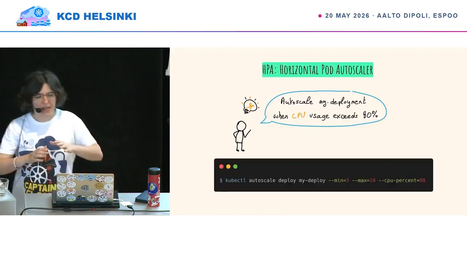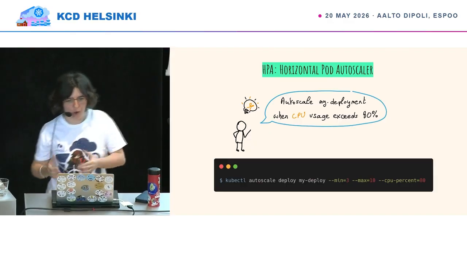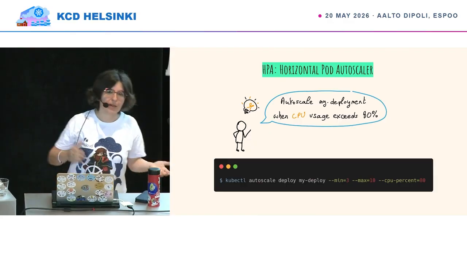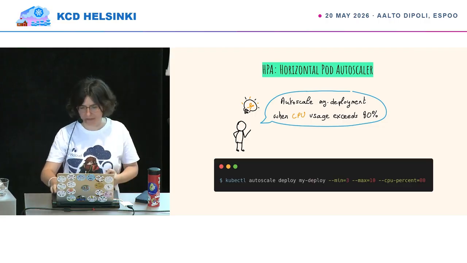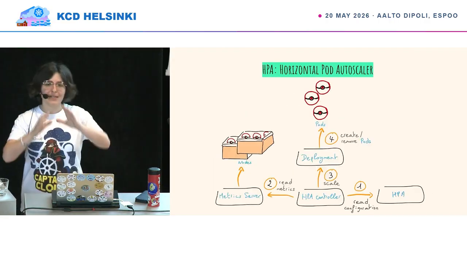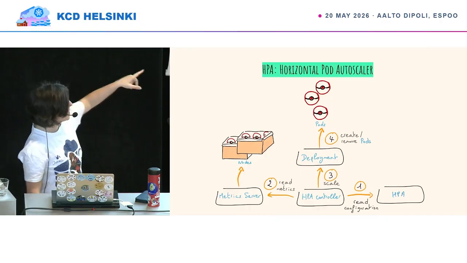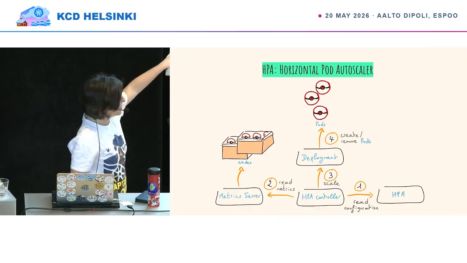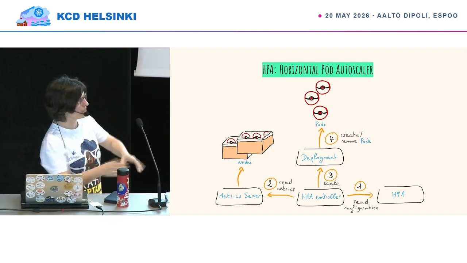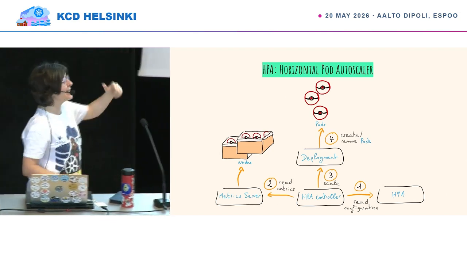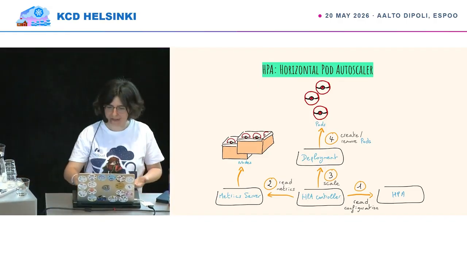Thanks to the Horizontal Pod Autoscaler, we can autoscale the deployment when CPU or memory usage exceeds a percentage. Concretely, the HPA controller reads CPU or memory metrics from the metrics server, then compares them to the HPA target, and then adjusts the number of replicas.